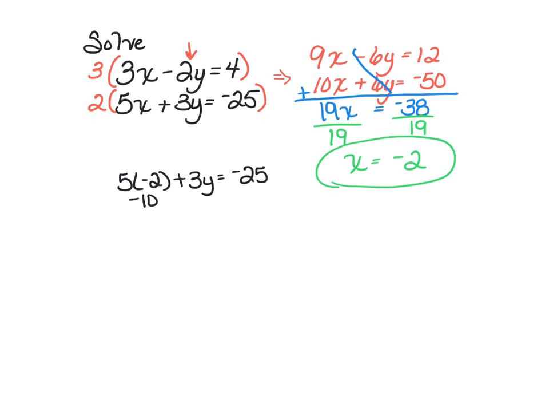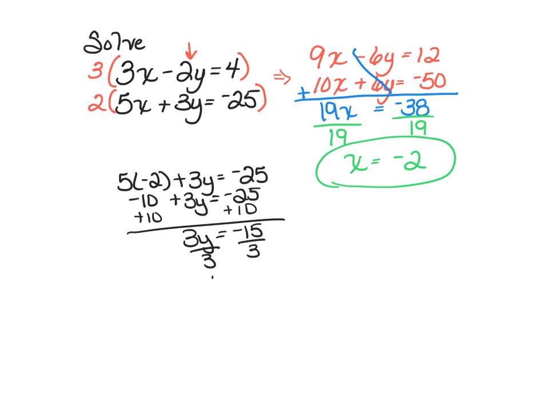And that gives me negative 10 plus 3y equals negative 25. I want to add 10 to both sides of the equation. And 3y equals negative 15. Divide by 3. And y equals negative 5.